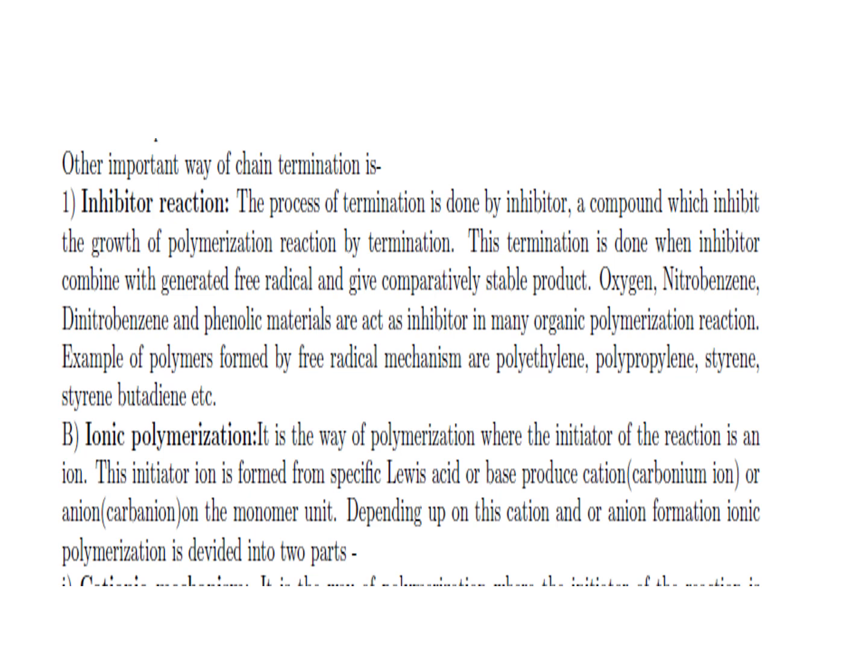For example, oxygen, nitrobenzene, dinitrobenzene, and phenolic materials act as inhibitors in many organic polymerization reactions. And the examples of polymers formed by free radical mechanisms are polythene, polyethylene, polypropylene, styrene, styrene butadiene, etc.